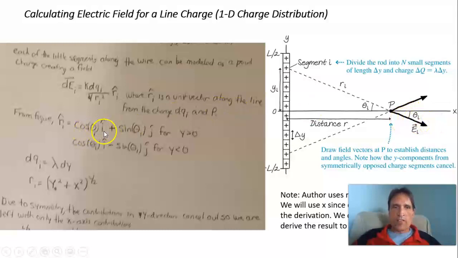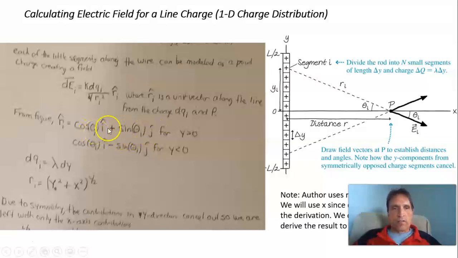And we denote the x and the y directions using i hat and j hat, these unit vectors that you used in Physics 1150. The i hat is just a vector of magnitude 1 along the x direction. j hat is along the y direction.